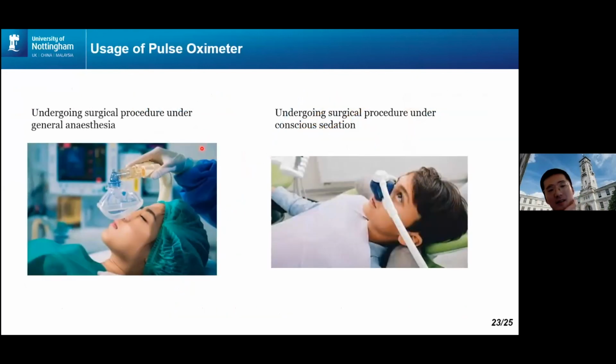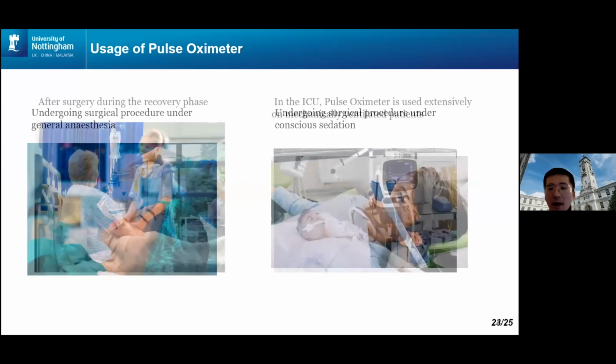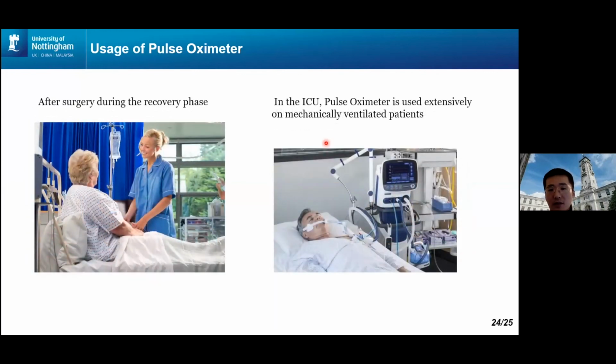And here are some examples of usage of the pulse oximeter. It is usually used during surgical procedures under general anaesthesia or under conscious sedation. Also after surgery during the recovery phase, or in the ICU for continuous monitoring of oxygen level.